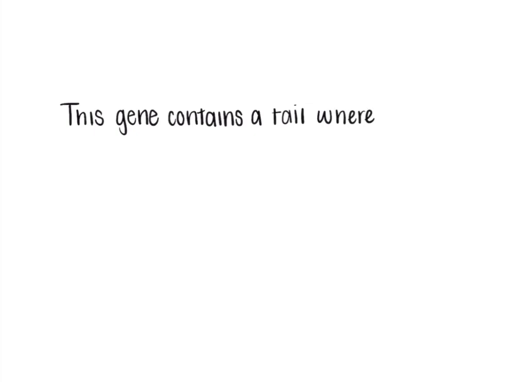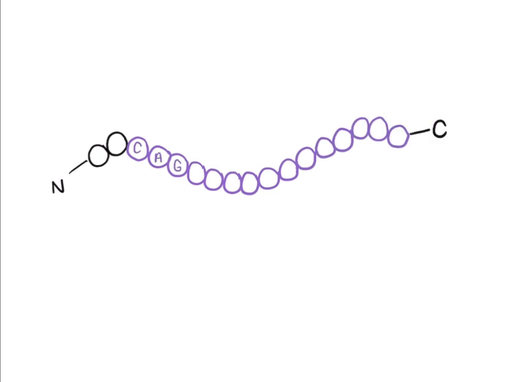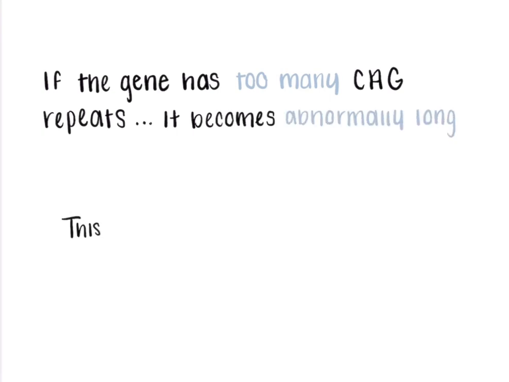The HTT gene contains a tail, where CAG sequences are repeated 10 to 35 times. If the HTT gene is mutated, more CAG trinucleotide repeats will form on the tail. If the gene has too many CAG repeats, it becomes abnormally long.